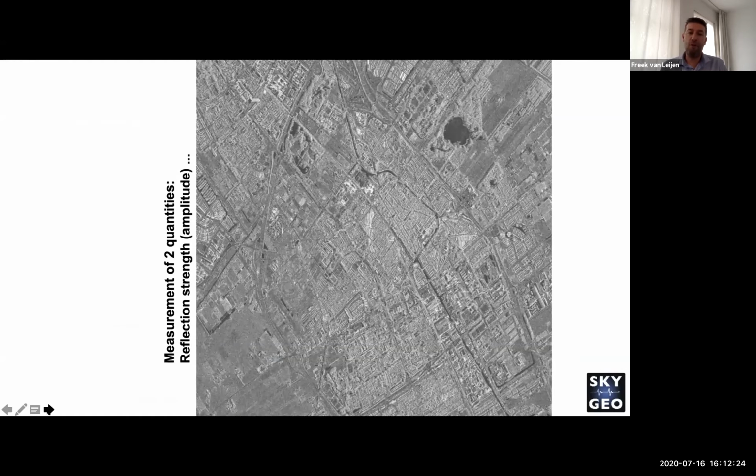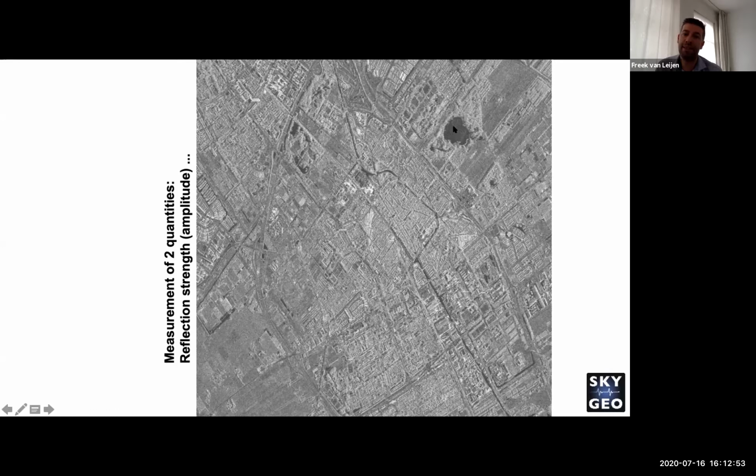Now, this is what happens. The radar signal is transmitted by the satellite, reflected back on the surface, and received at the satellite again. The strength of this reflection is expressed in a grayscale, like you see here. If there's a very low amount of backscatter of the signal, you see that as a black spot, because there's low intensity coming back to the satellite.